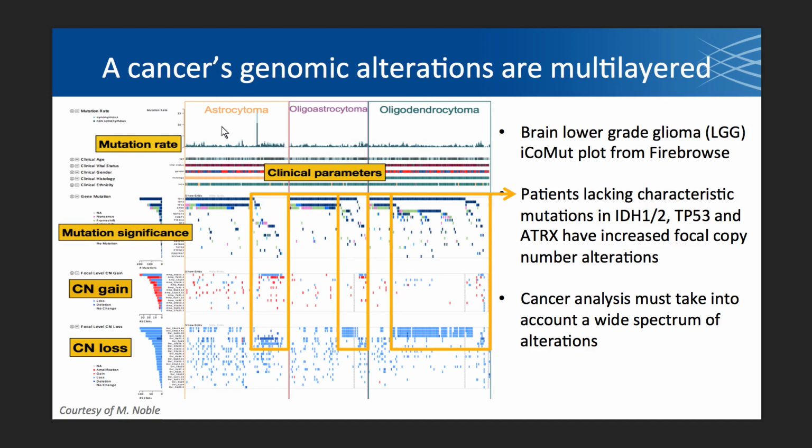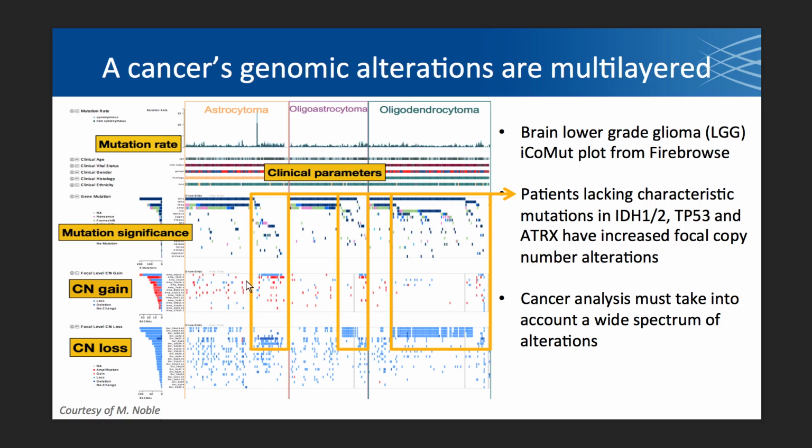And here we have mutation significance. These significantly mutated genes are sorted from most significant to least. And you can see that many of these patients have the same mutations in the same loci, namely IDH1 and 2, TP53, and this gene called ATRX. But there are a number of patients for each of these subgroups that don't have mutations in these genes.